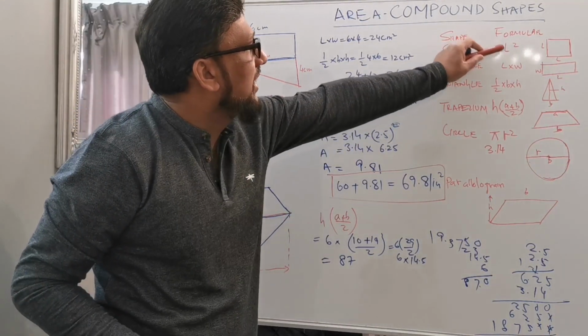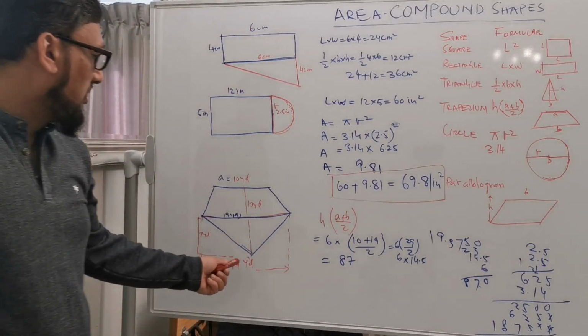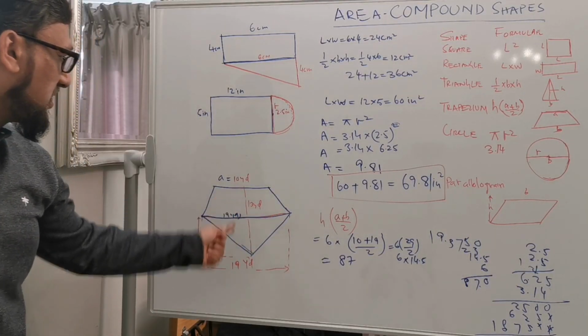The area for the triangle is half times base times height. So the base is 19 and the height is 7.